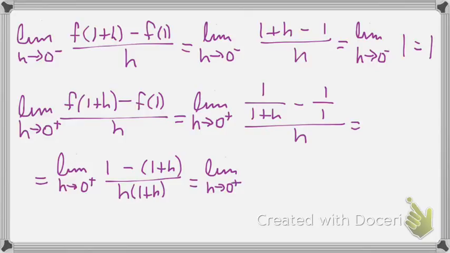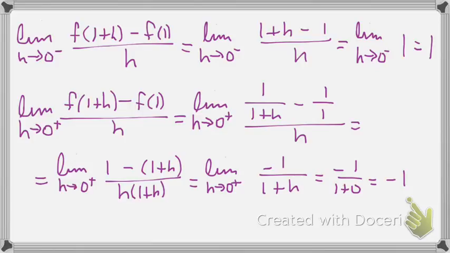Distribute the negative. 1 minus 1 cancels and leaves you with negative h. Well, that's going to reduce with the h in the bottom. So negative 1 over 1 plus h. Once again, this isn't that bad. From direct substitution, we have negative 1 over 1 plus 0, which is negative 1.